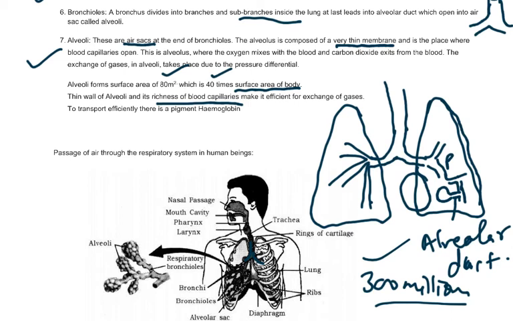I again repeat: one, they are a very thin membrane made up of a single layer of squamous epithelial cells. Secondly, they are richly supplied with blood vessels, so that whatever gases diffuse in can be easily carried away. For transportation, our blood contains a pigment called hemoglobin, because when these gases combine with hemoglobin, they flow with the blood.